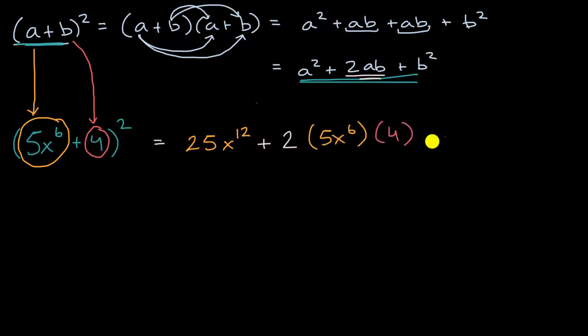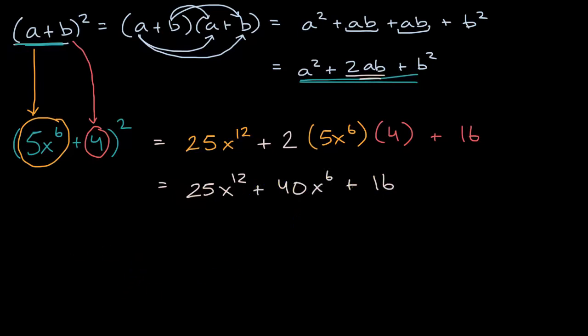So plus 4 squared, so that's going to be plus 16. And then we can simplify this. So this is going to be equal to 25x to the 12th. 2 times 5 times 4 is 40. 2 times 5 is 10, times 4 is 40. So plus 40x to the 6th plus 16.